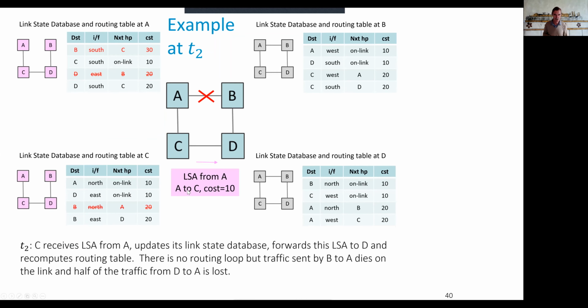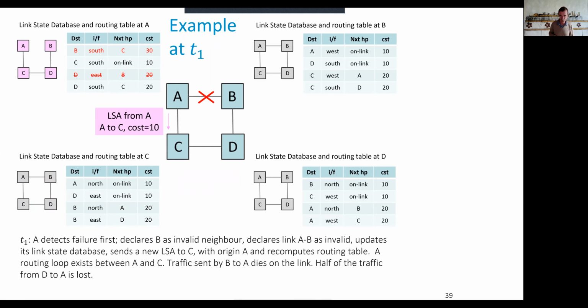C will receive this, sent from A to C, and of course, all of this processing takes time. There's a time to detect; it's a very short time, we're speaking of milliseconds, but it's not instantaneous. While this is happening, of course, the other nodes still have the old information.